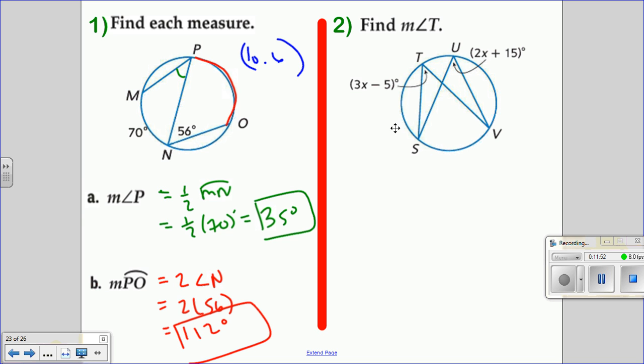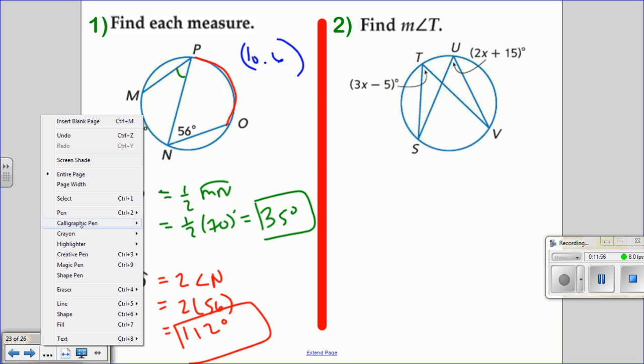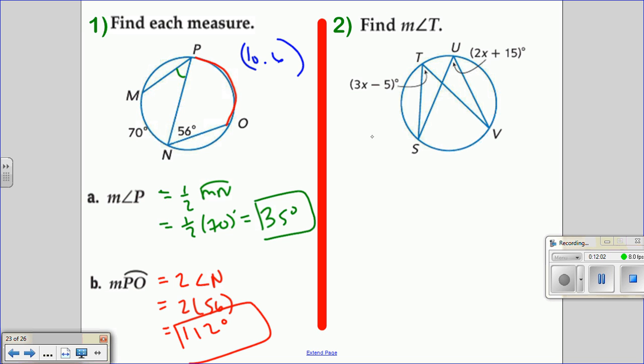On number 2, we have angle T intercepting arc SV, and angle U also intercepting arc SV. So that means angle T is congruent to angle U, so their measurements are equal.